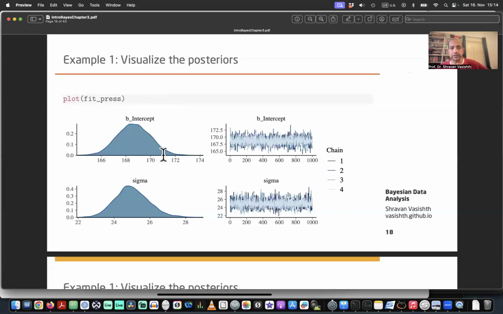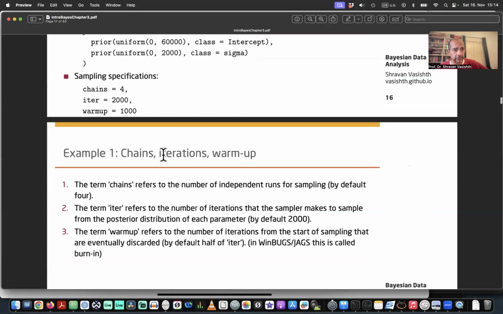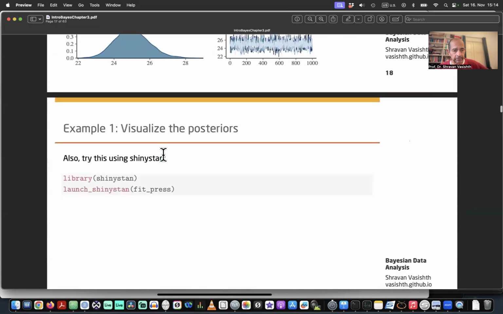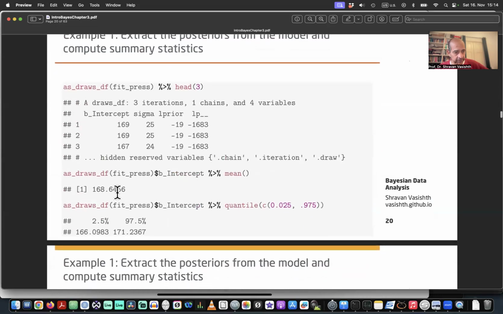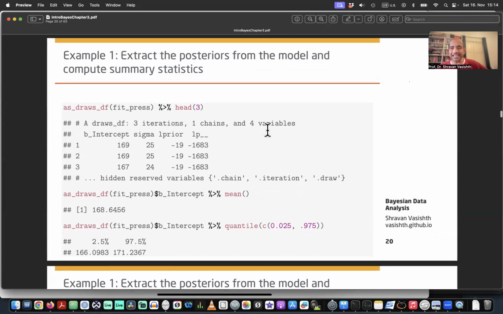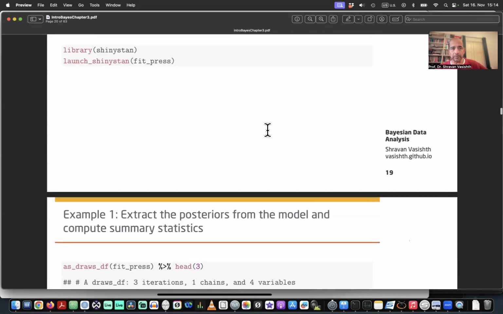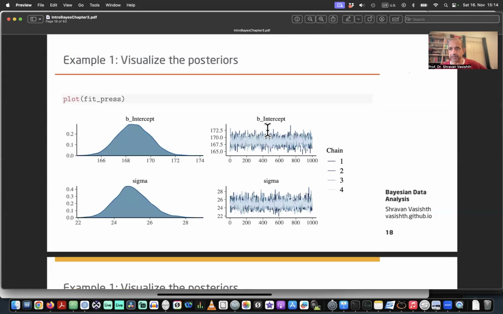Here I'm getting a graphical summary, but I could do a descriptive summary with those quantiles, the 95% credible intervals, and so on. This gives me a descriptive summary of the posterior distribution. This is an estimation step. At this moment, I'm not doing any hypothesis testing, right?